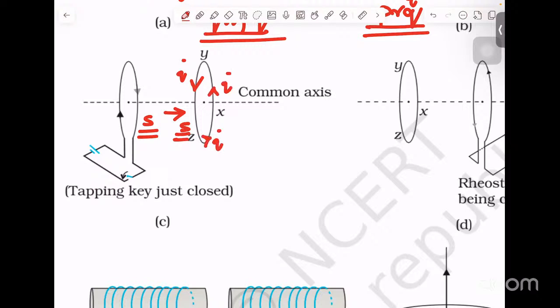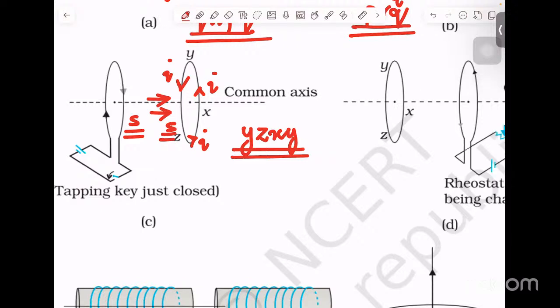If the current flows like this, then it will appear as if moving clockwise from this side, and hence it will oppose the cause. So the sense of the current in this case is again Y, Z, X, Y. So I hope this is clear to everyone.